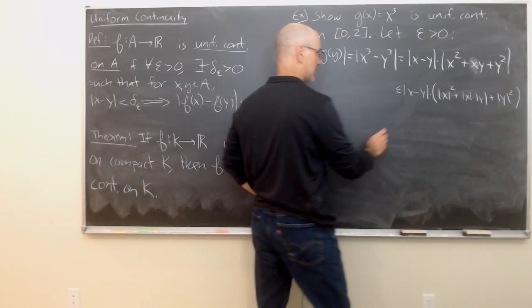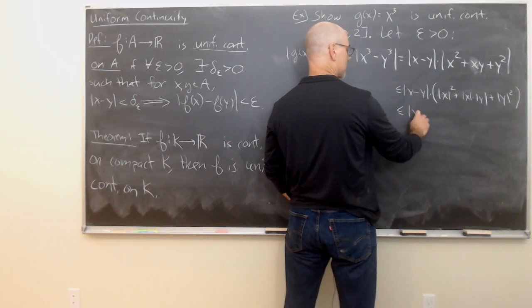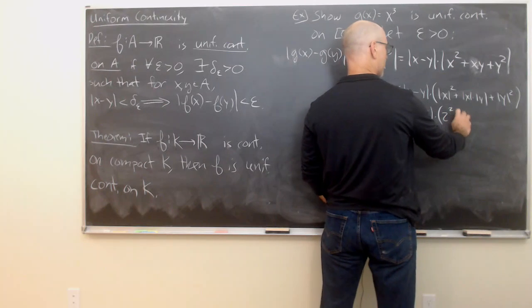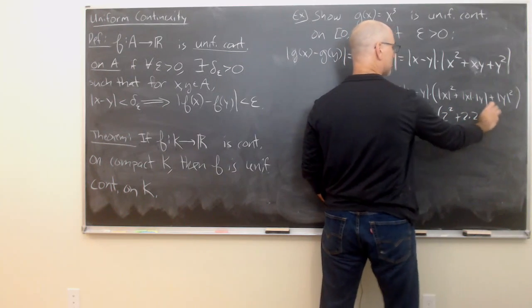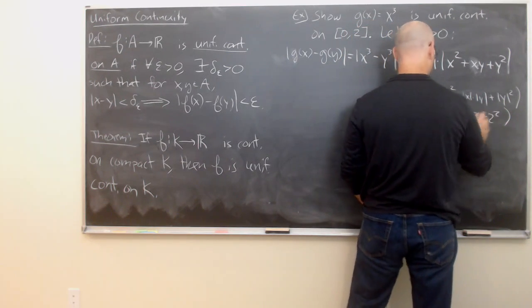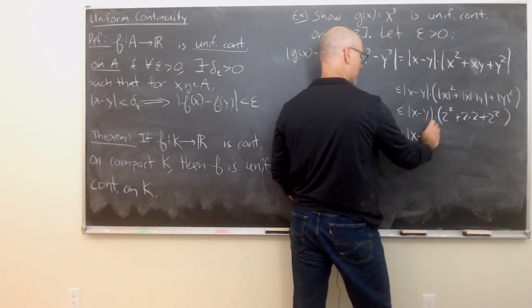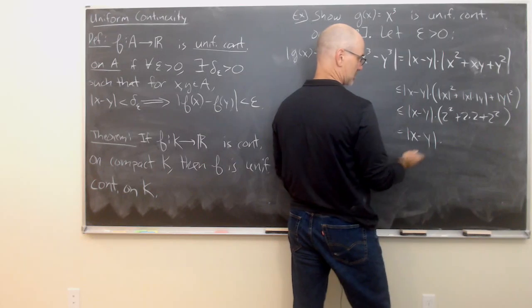So this has to be less than absolute x minus y times 2 squared plus 2 times 2 plus 2 squared. That's the same as absolute x minus y times 12.